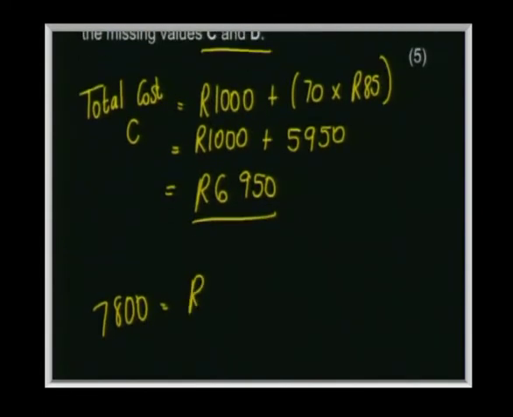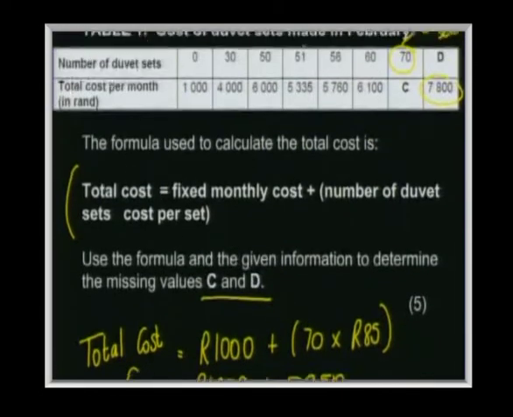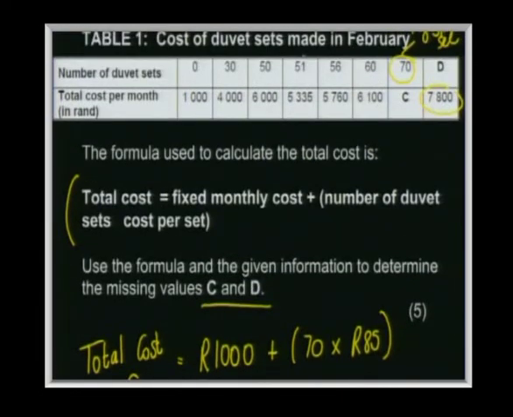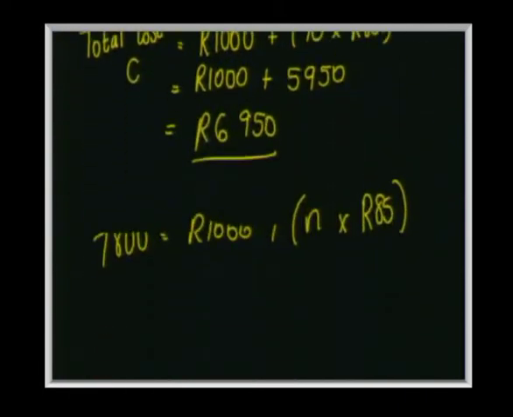And my fixed cost is still going to be 1,000 plus, and I don't know how many I've got, and I'm still going to times it by 85 Rand. Why did I choose 85 instead of 100? Because this number is bigger than the 50. So therefore, this means that there is more than 50 duvets being sold. So it will be the lower rate of 85 Rand.